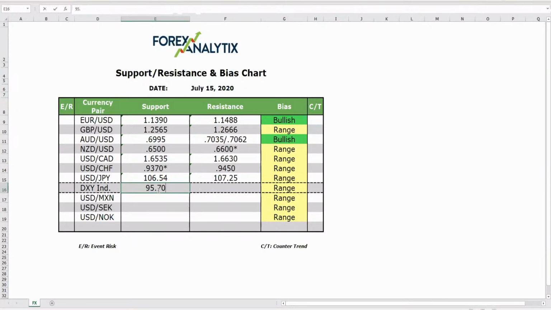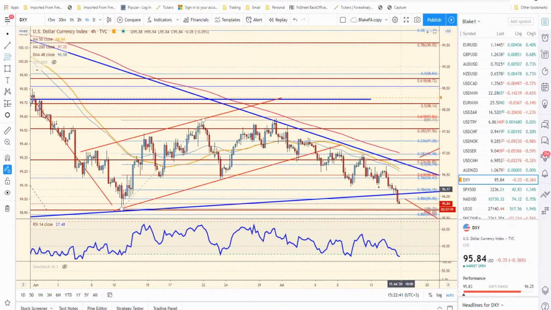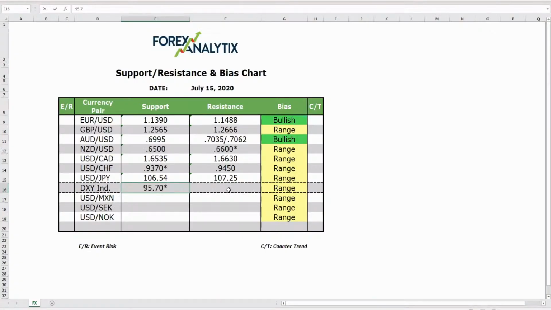Now resistance intraday: if for some reason the dollar index comes back and takes out this level, that would make it pretty bullish intraday. That comes in at 96.25. That should be resistance, and we are in a bearish trend.